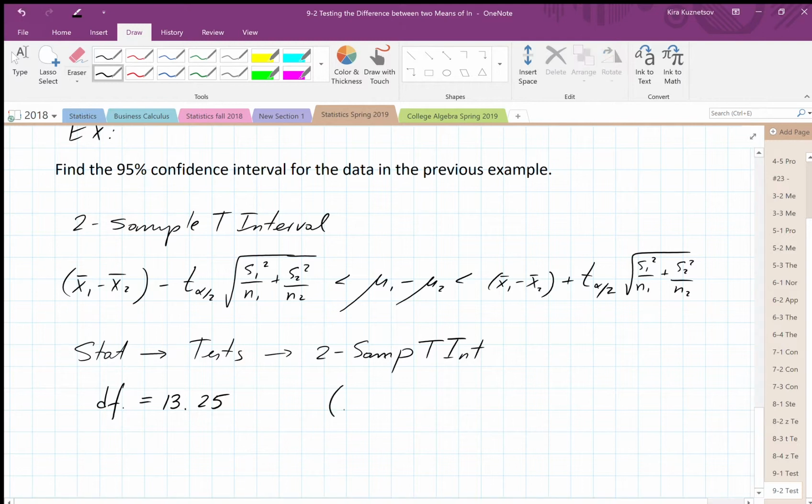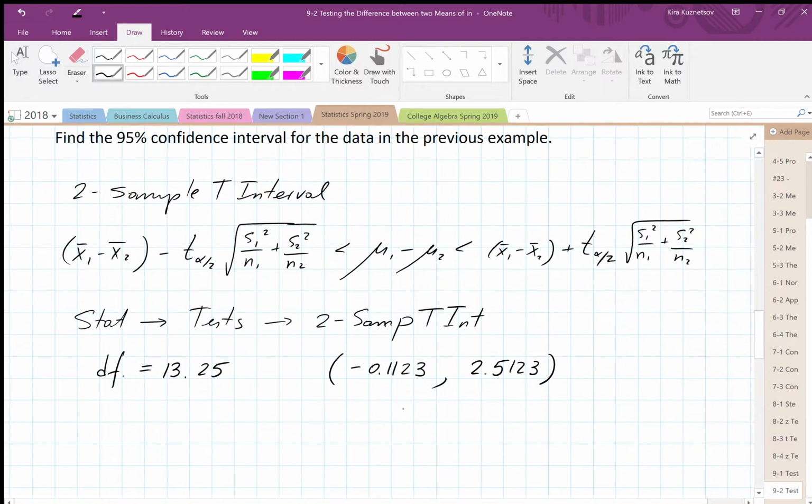And the actual interval is negative 0.11 up to 2.5123. So what this means is these are days, but notice the negative value on the left side tells me that mu1 is actually less than mu2. The positive number on the other side tells me that mu1 is greater than mu2.